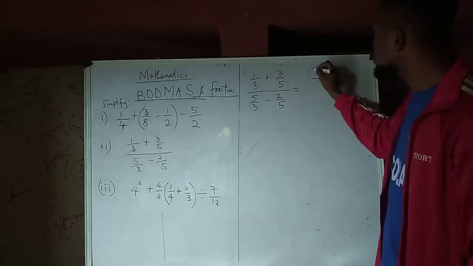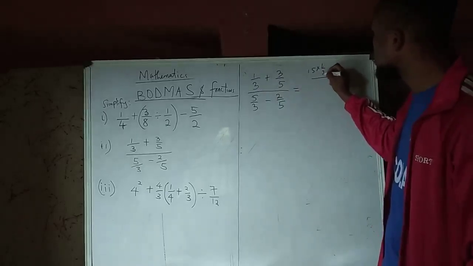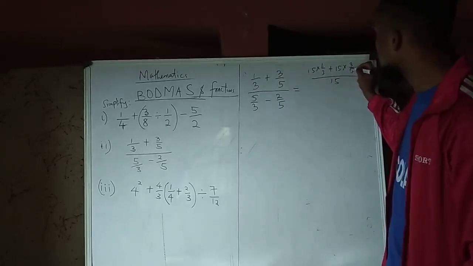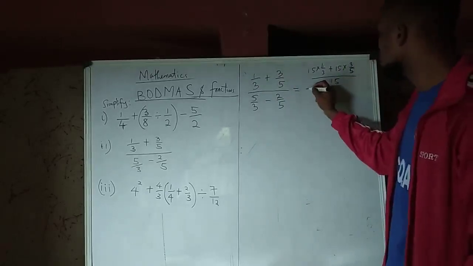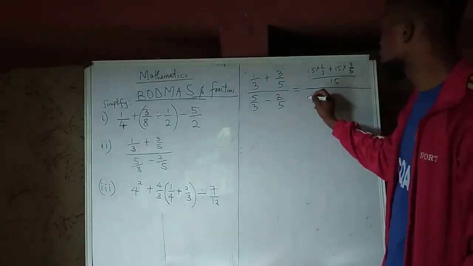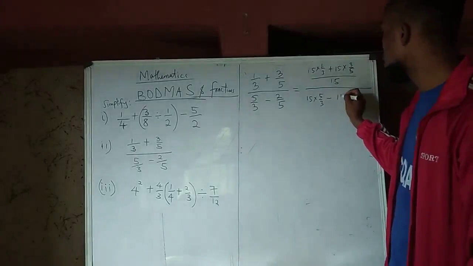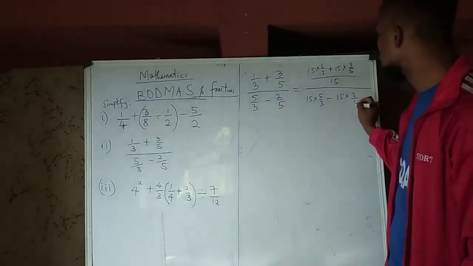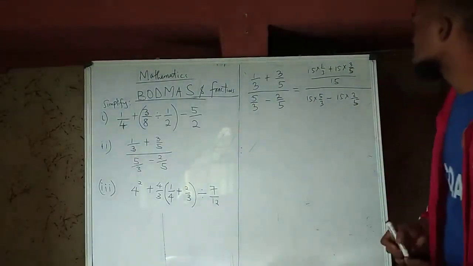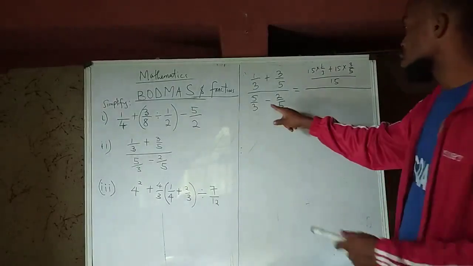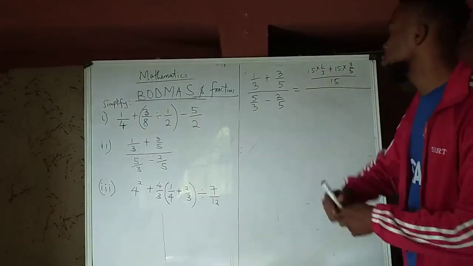So we are going to get 15 times 1 over 3 plus 15 times 3 over 5. Then all of this over 15 times 5 over 3 minus 15 times 2 over 5.